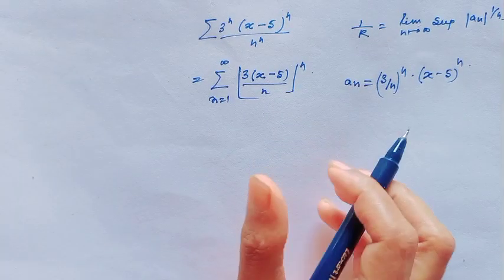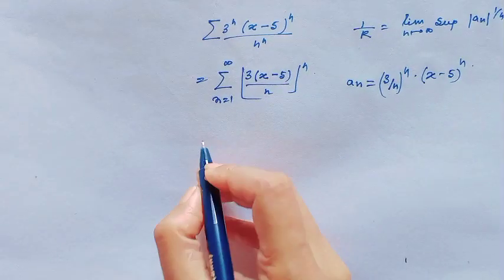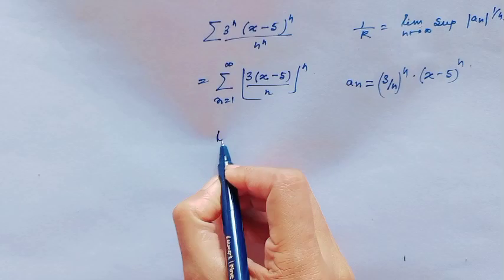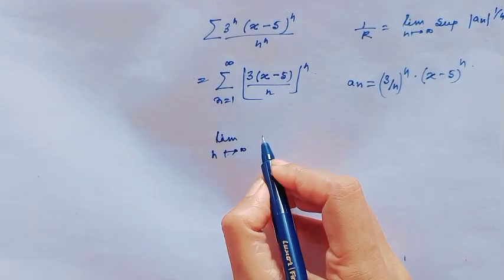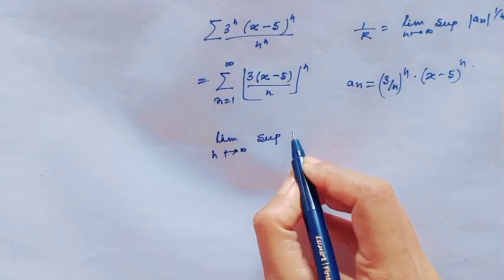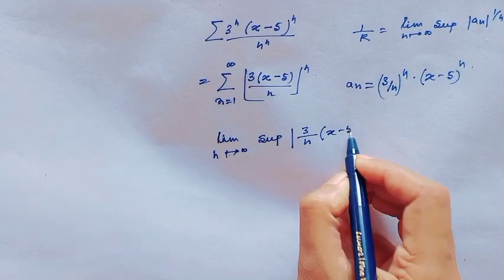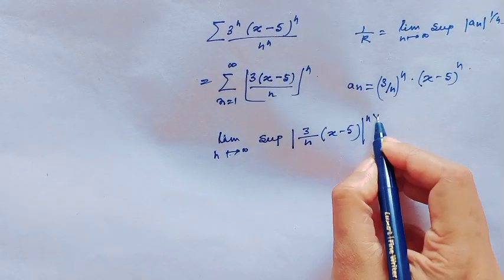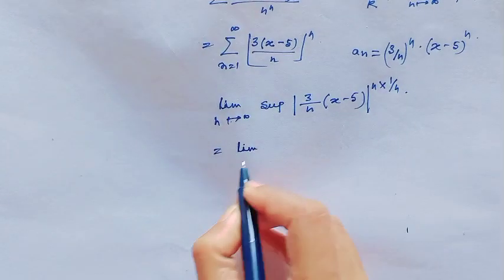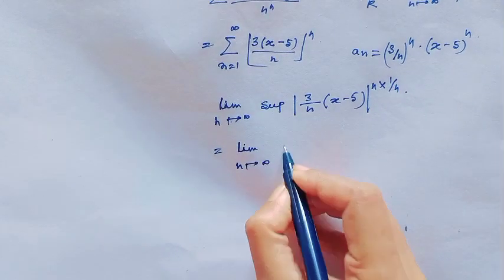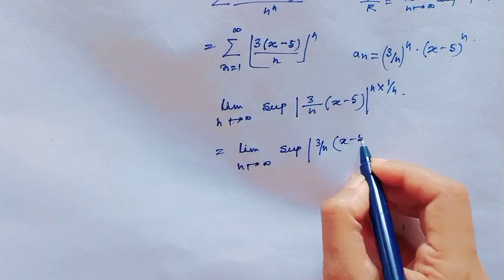Now by the Cauchy-Hadamard test, this would be the limit as n goes to infinity of the supremum of the absolute value of (3 over n times (x minus 5)) to the power n, into 1 over n. Then this implies the limit as n tends to infinity of the supremum of 3 over n times the absolute value of x minus 5.